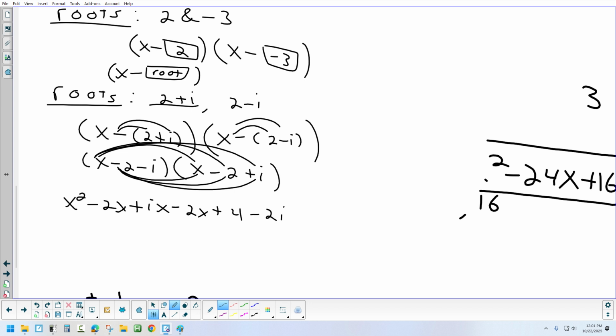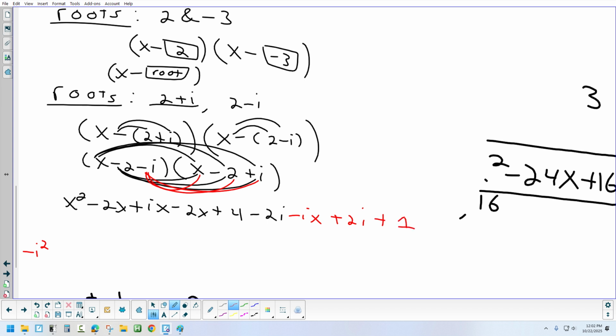Negative 2i. And the last one. What's -i times x? -ix. And a lot of this is going to cancel, you'll see. What's -i times -2? Plus 2i. And what's -i times positive i? Negative i squared, which means -1 times -1, so plus 1.